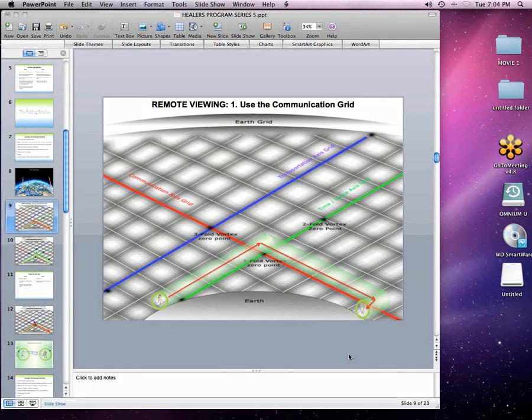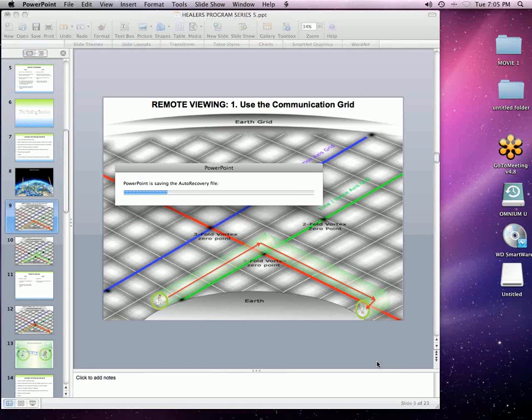In fact, for those who have not read my books, or done the Mastering the Human Mind class, all the details of the grid system are in the book. So you should go back and get more information on that. But in the scope of this class and for the purpose of remote healing, I just wanted to explain to you that there is a grid system that allows you to travel this way.